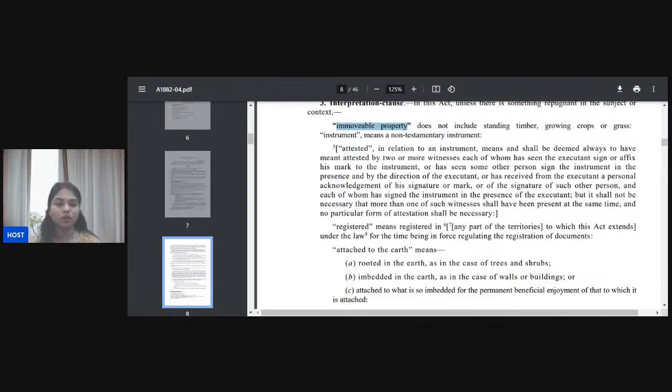Here, as the TP Act talks about exclusion, what is not included, there it talks about what is included. Can anyone tell me what does immovable property include, students? Who can tell me?